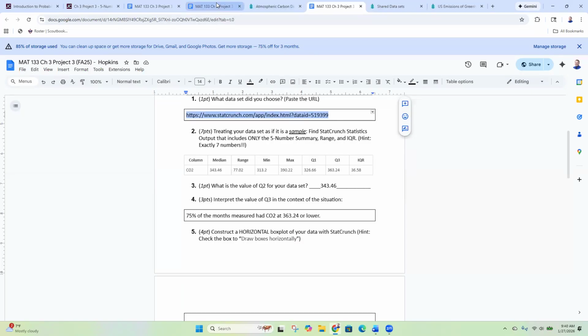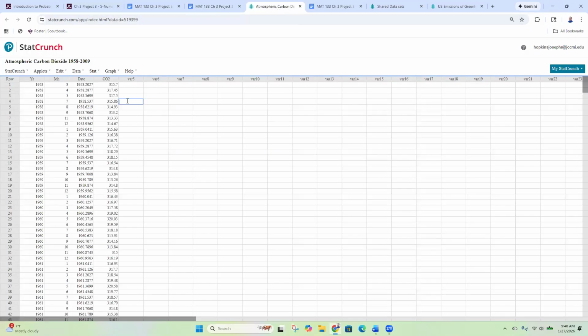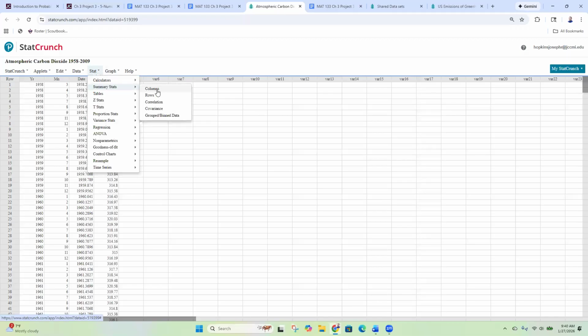All right, treating your data as if it's a sample, find the 5-number summary, the range, and the interquartile range. So let's go over here. This is the data set that I'm using today, and we're going to go Stat, Summary Stats, Columns.